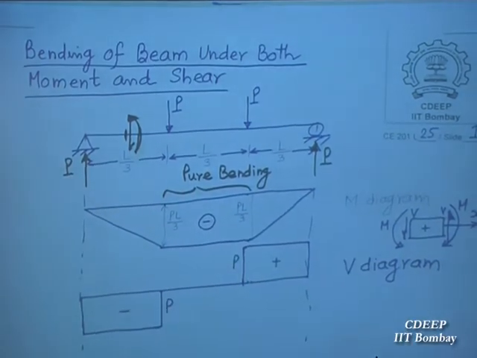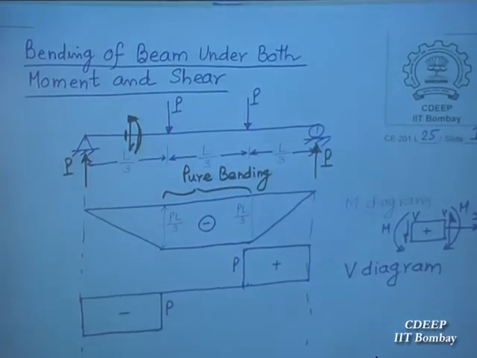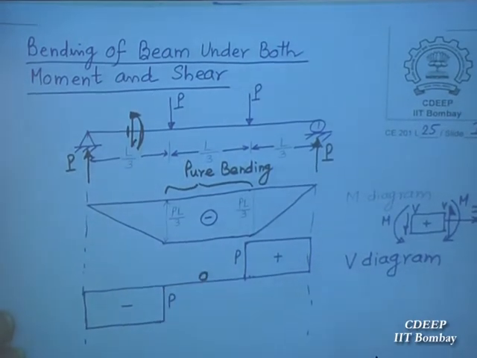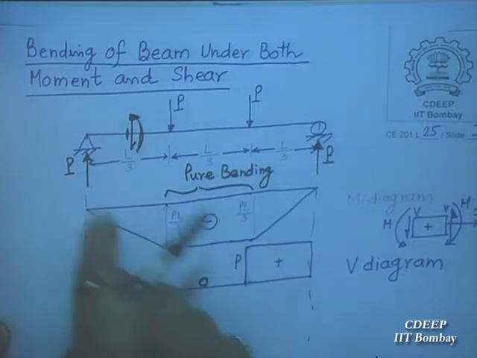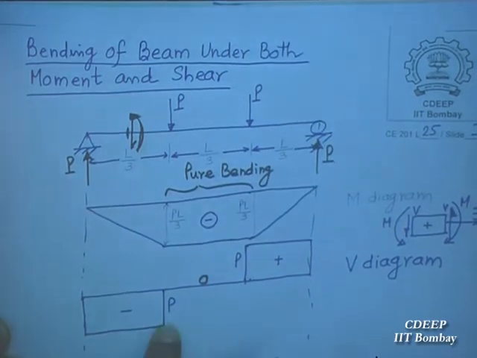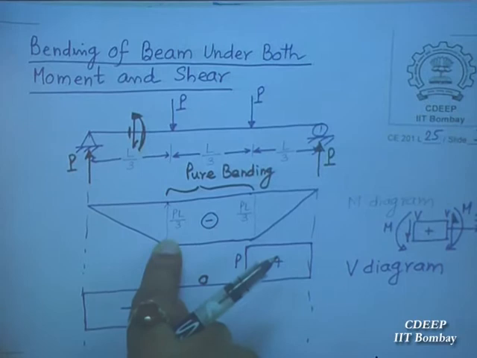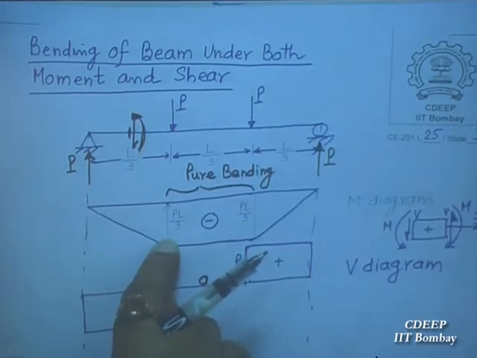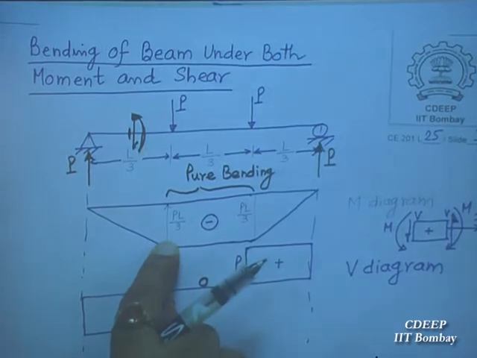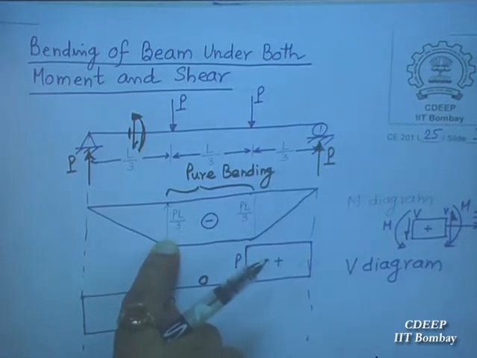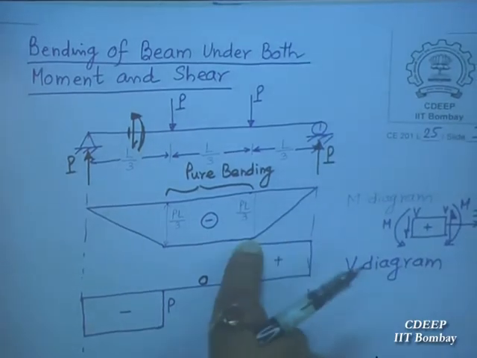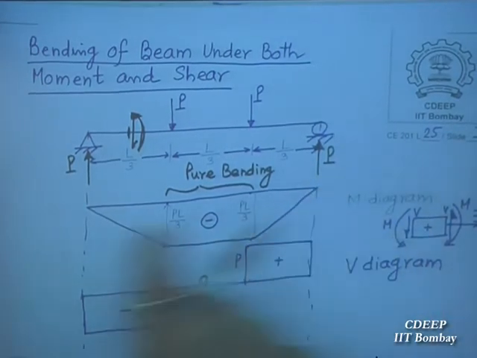In the central portion shear force is 0, while here it is constant and the moment is linear, so dM/dx will be constant because it is a linear variation. So the rate of change of moment is a constant slope. This is a positive slope, this is a negative slope.